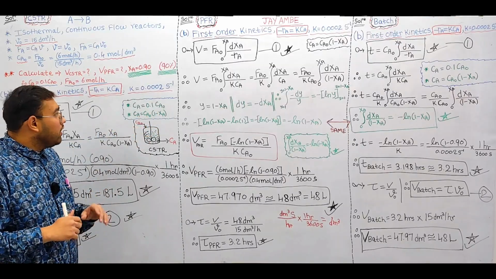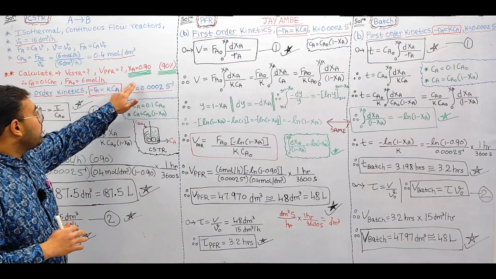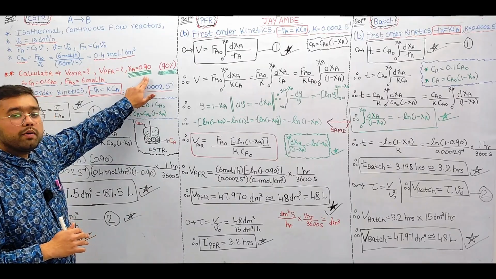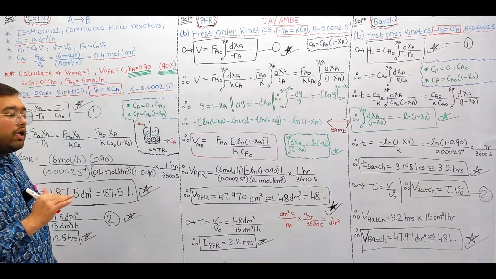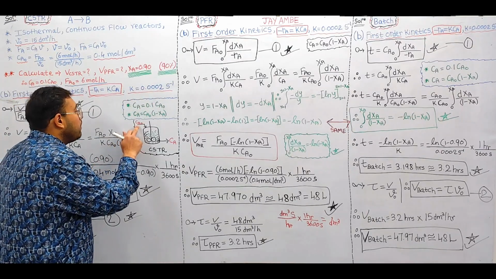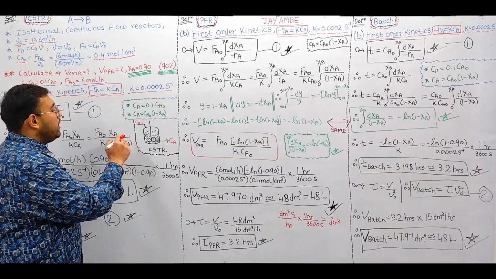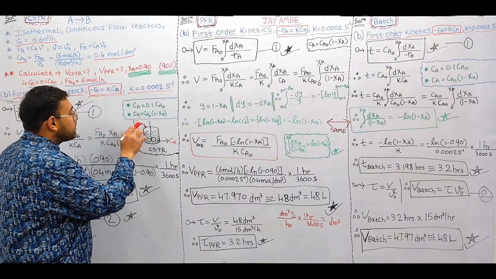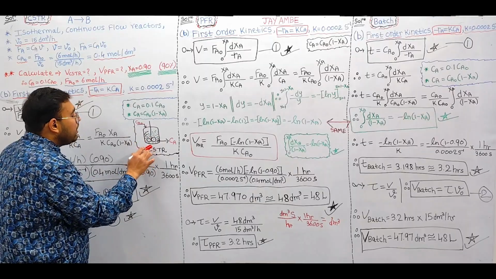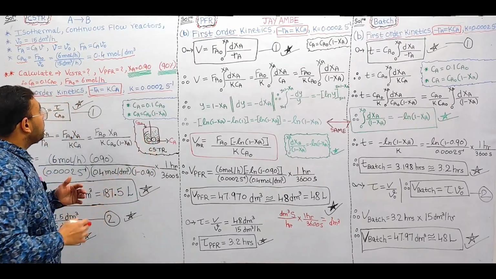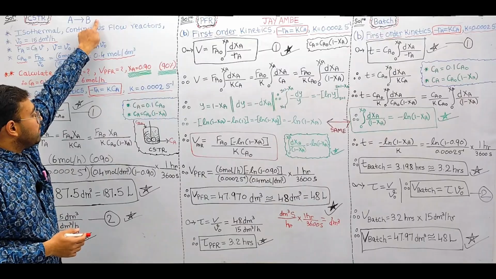Let's say, for example, in the question we have a conversion of 90%, right? Which means initially we are feeding 100 molecules of reactant CA0 into the reactor. In the reaction environment of the CSTR, the reaction will take place, and the conversion of reactants into the product takes place, right?